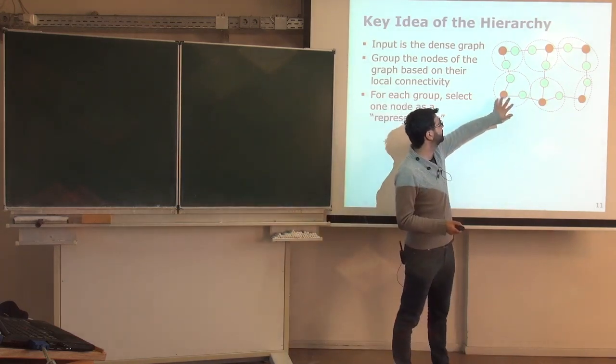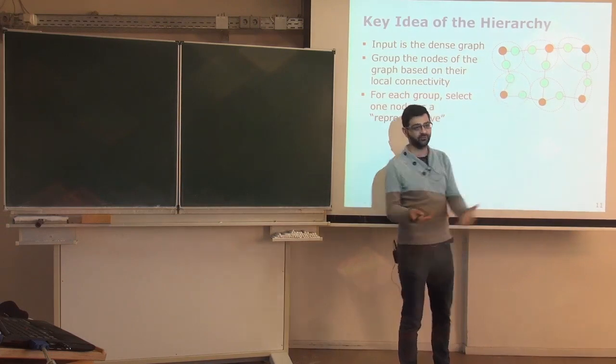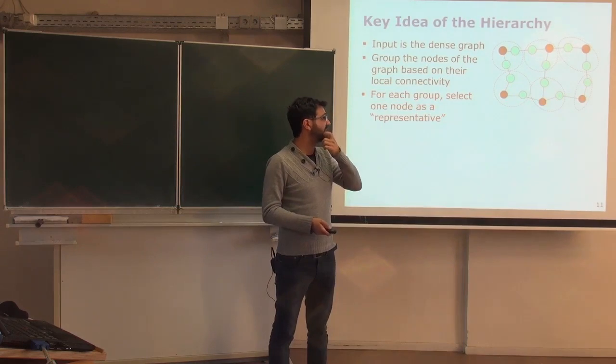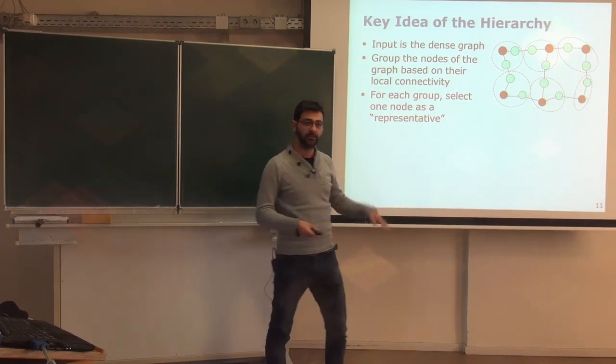And of course, the more nodes you have in a cluster, the worse you get. And that's because of two effects, I would say. One is that whenever you get a measurement between these two, it's actually not too bad, because you consider all the neighborhood. You will see later on how we get the measurement between the representatives.